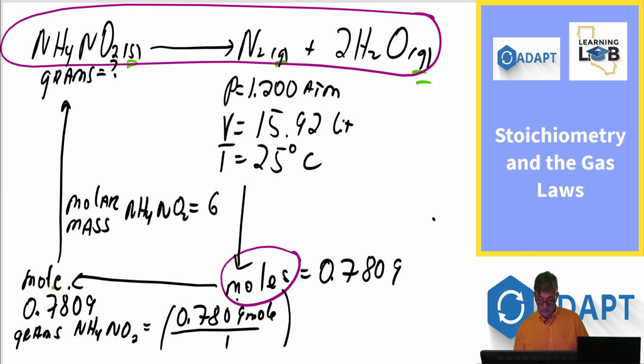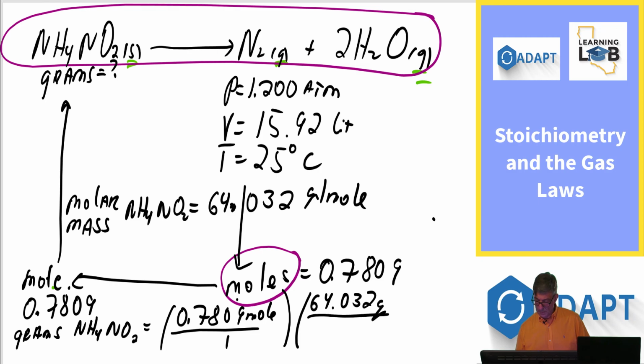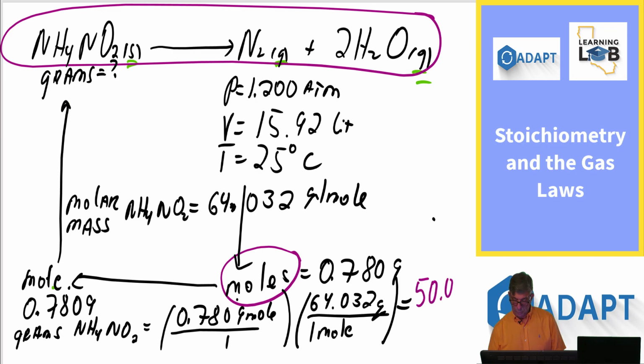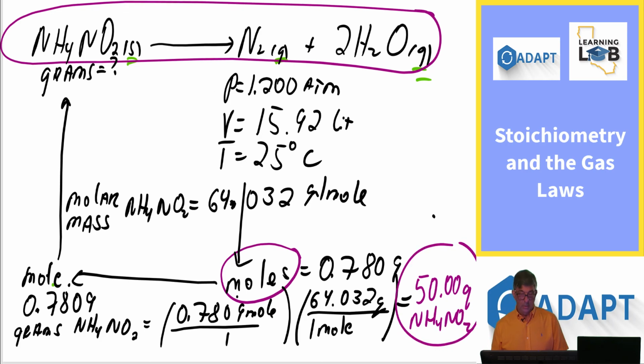Its molar mass equals 64.032 grams per mole. So we have 64.032 grams divided by 1 mole. How many grams of ammonium nitrate will we need? It will require 50.0 grams of ammonium nitrate. And that is our stoichiometric problem involving the gas laws.